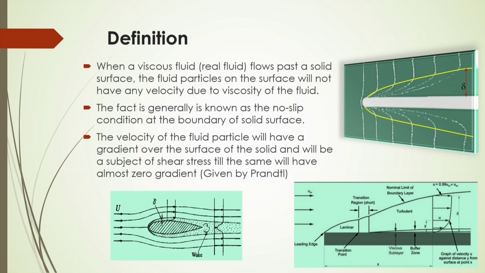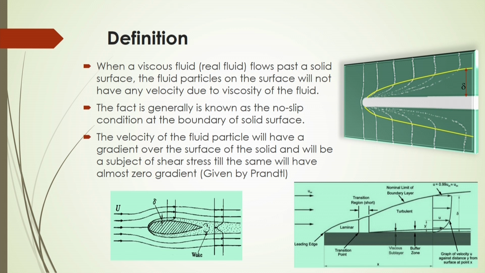That means at the boundary there will be no velocity of the fluid, and the velocity of the fluid particles will have a gradient over the surface of the solid, and will be a subject of shear stress till the gradient becomes almost 0.